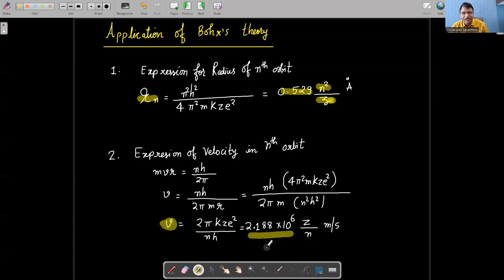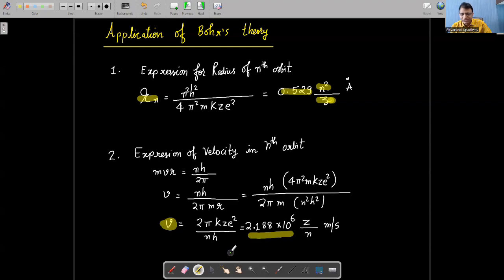As we increase the value of Z, like if I compare hydrogen atom and helium plus ion, the speed will be more in the first orbit of helium plus ion than that of hydrogen atom. So these things you already know. I'm just saying that remember that speed is equal to 2.188 into 10 to the power 6 into Z by n meter per second, right? So this is about expression for speed in nth orbit.